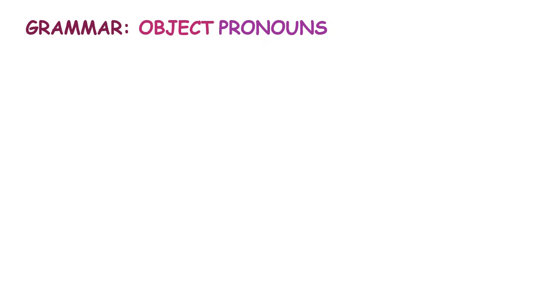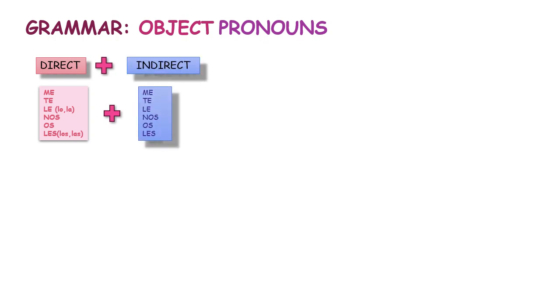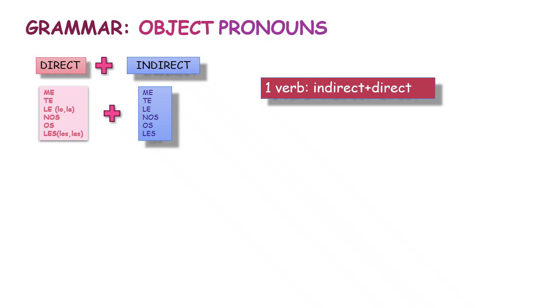What happens when we have both direct and indirect pronoun? Well, in that case, the indirect goes first, followed by the direct. And the position? As we have just one verb before. For example, do you give it to me?